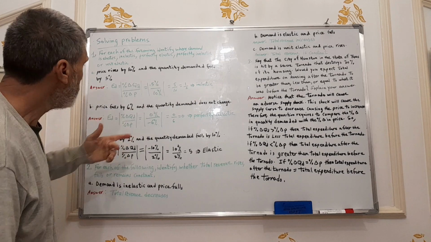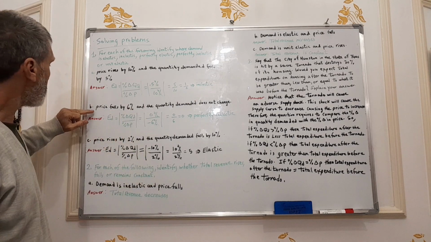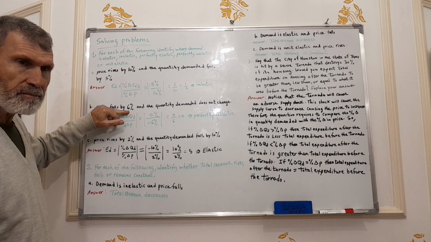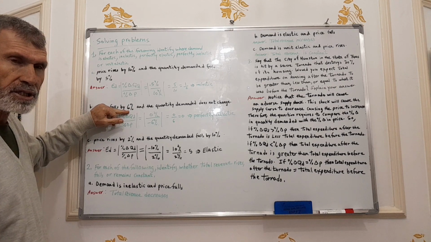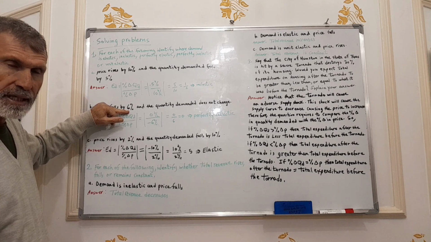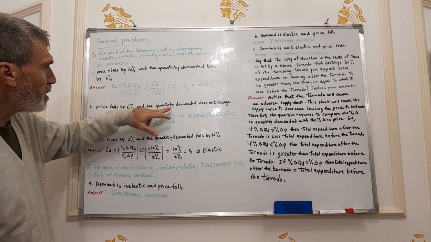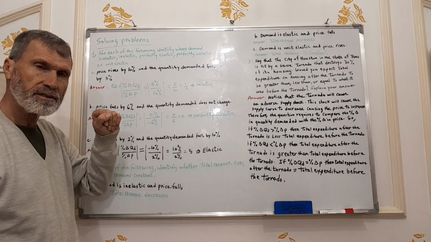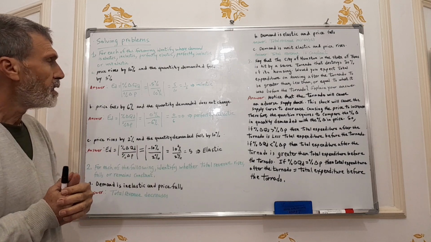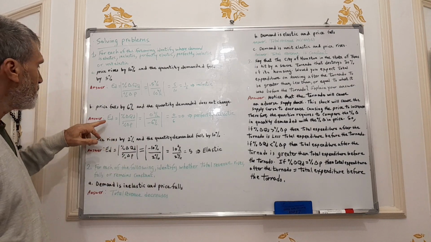Now, part B: price falls by 6%. That means the percentage change in the price is negative 6%, and the quantity demanded does not change. So we plug these data into the coefficient.